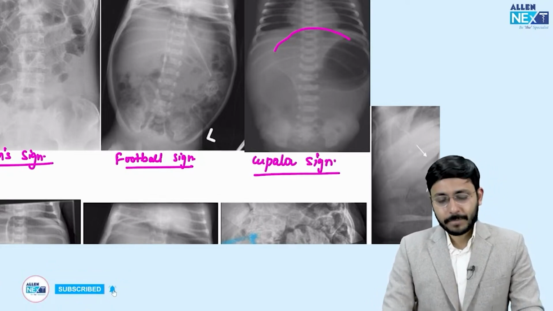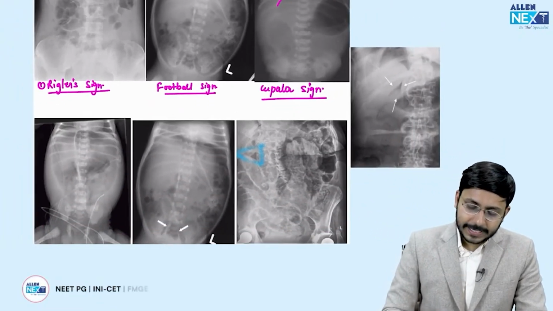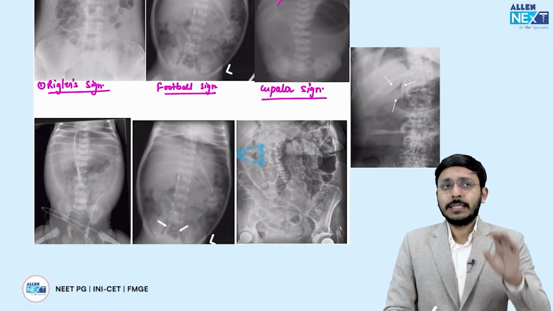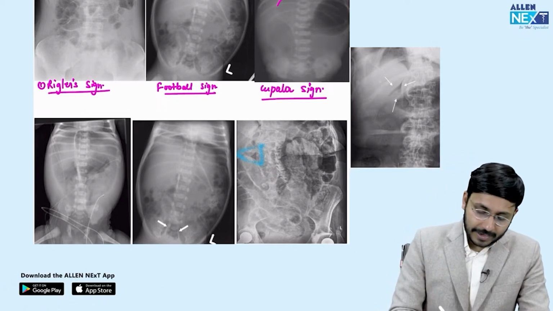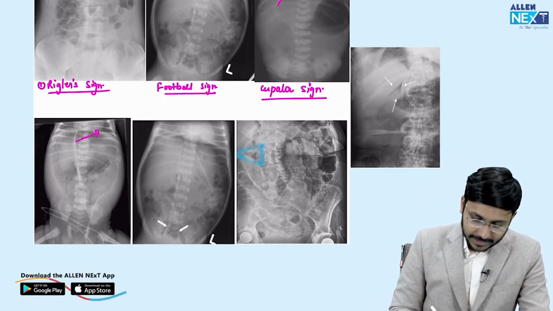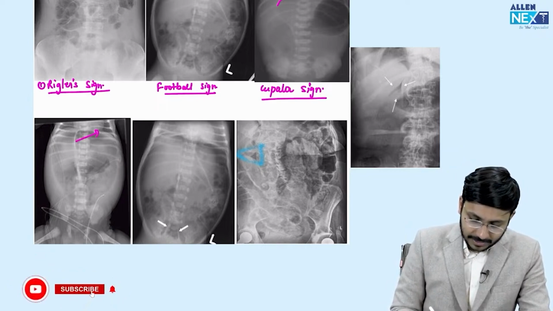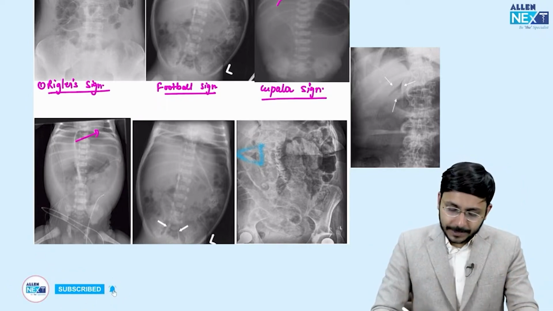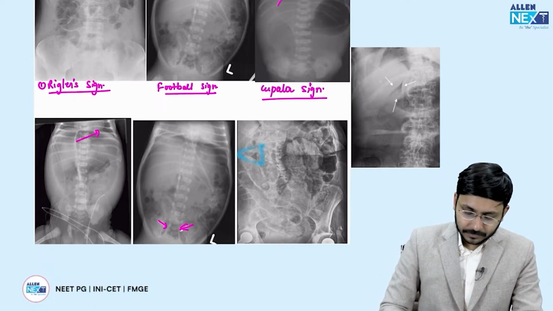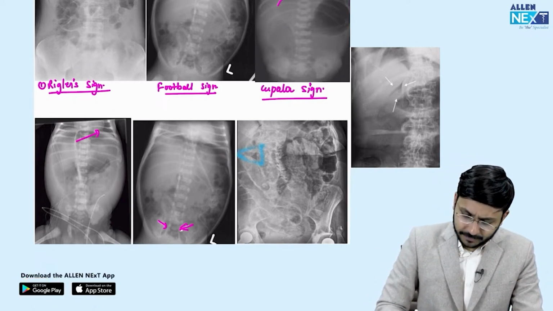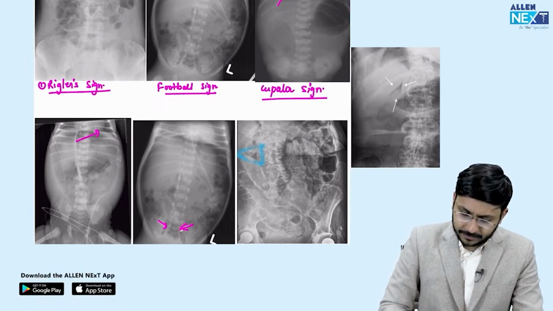Similarly, in cases of massive pneumoperitoneum, the ligaments within the abdomen get outlined. So if your falciform ligament is getting outlined, it is known as the falciform ligament sign. And similarly, if your lateral umbilical ligaments are getting outlined, this is your inverted V sign.